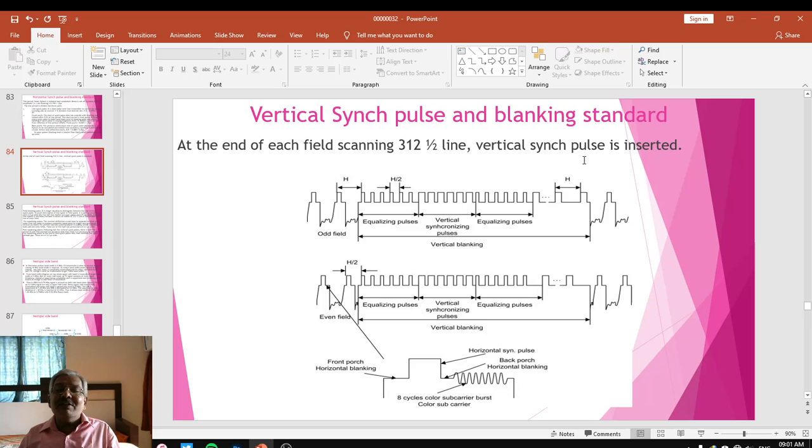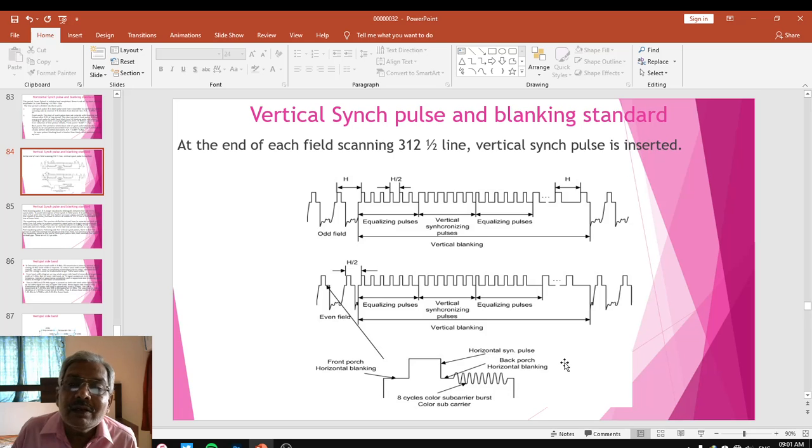Friends, these are represented in this graphical representation. Dear students, there are two sets of these particular pulses which have the same pulses. One set is introduced at the end of the odd field, another set at the end of the even field. So that's why they are represented in two types.